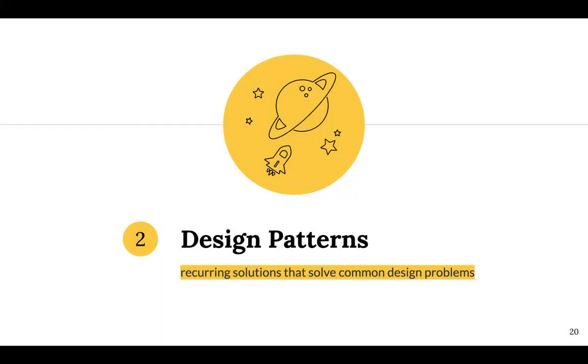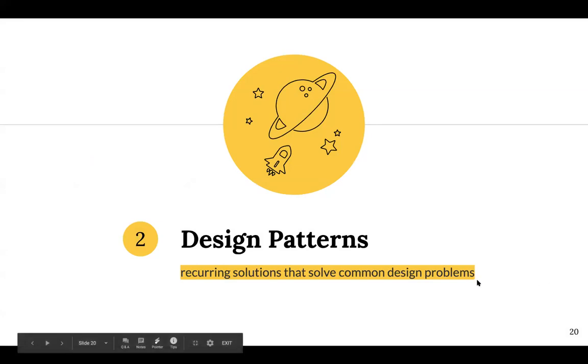So I talked about the different cognitive psychology applications, and now we're going to talk about design patterns. The design patterns are built off of millions of designers constantly using cognitive psychology and HCI, constantly researching and coming up with design practices that work and are continuously repeated. So these are recurring solutions that solve common design problems.